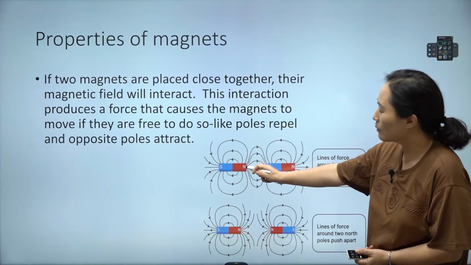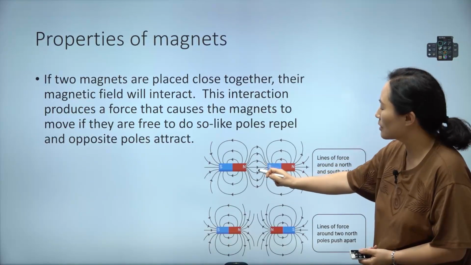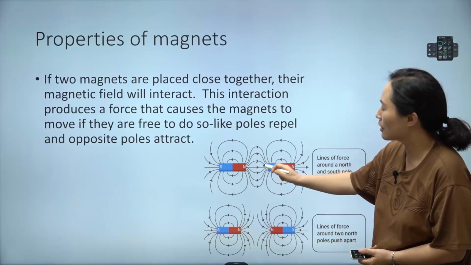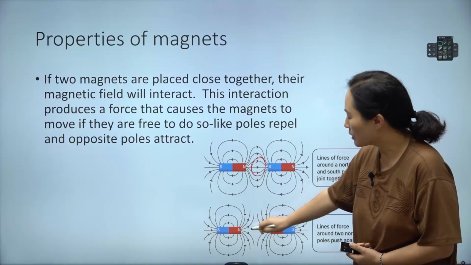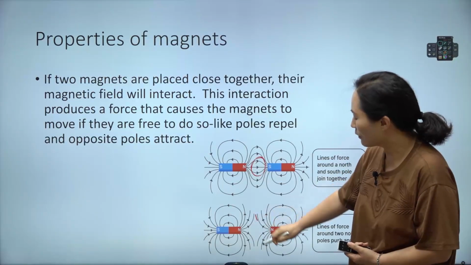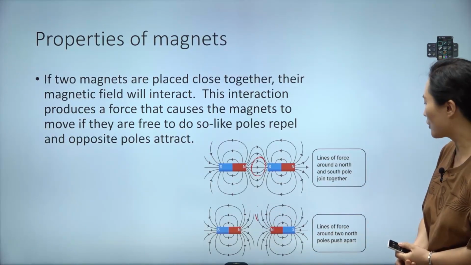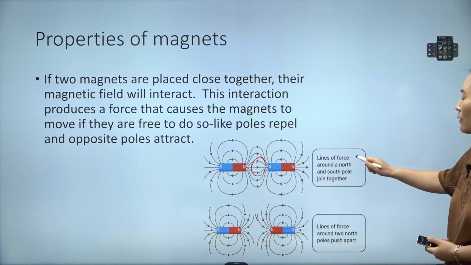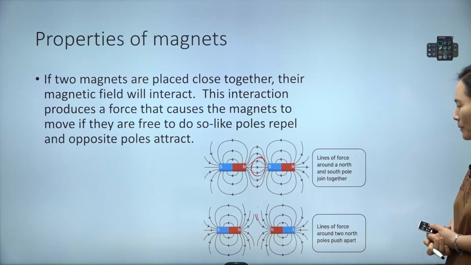So the magnetic field lines always go from the north side to the south side, right? You see the lines, they are attracting each other. You see that they are connecting to each other, right? On both sides, they have arrows out of the north side, so they are the same poles, and they are repelling each other. So the lines of force around a north and a south pole join together if the poles are opposite, right?